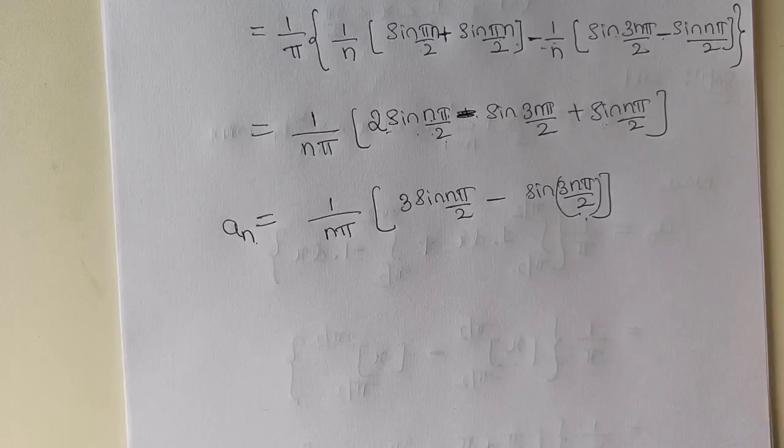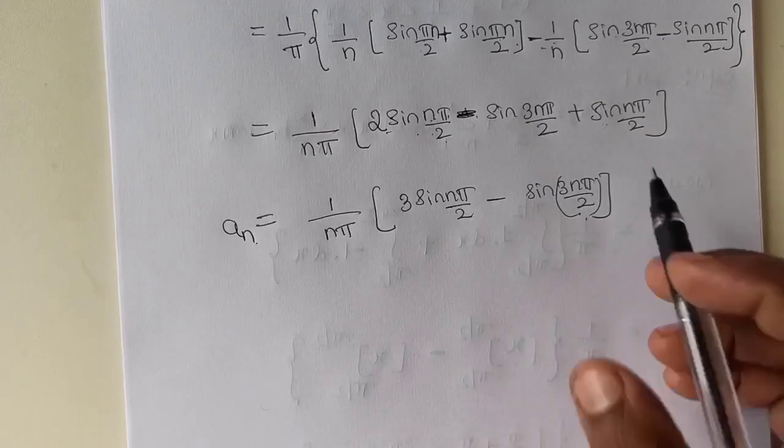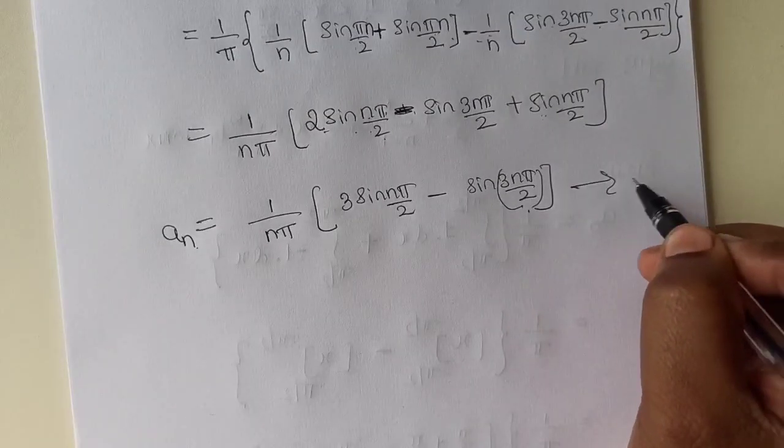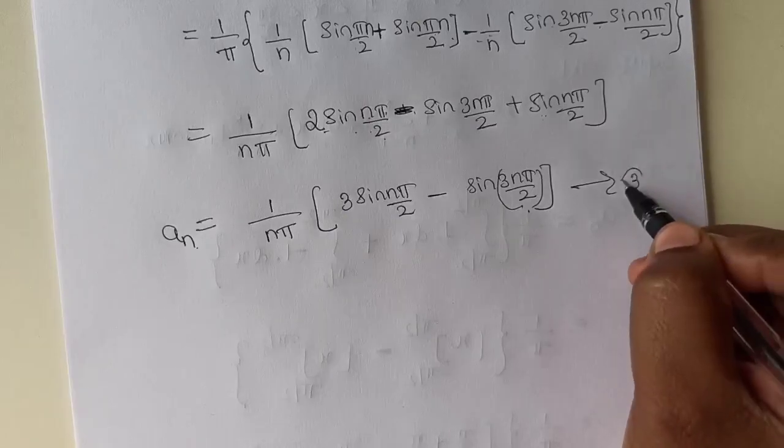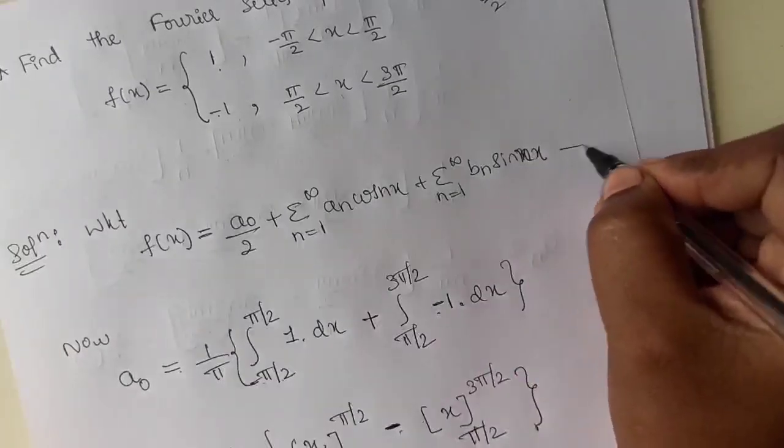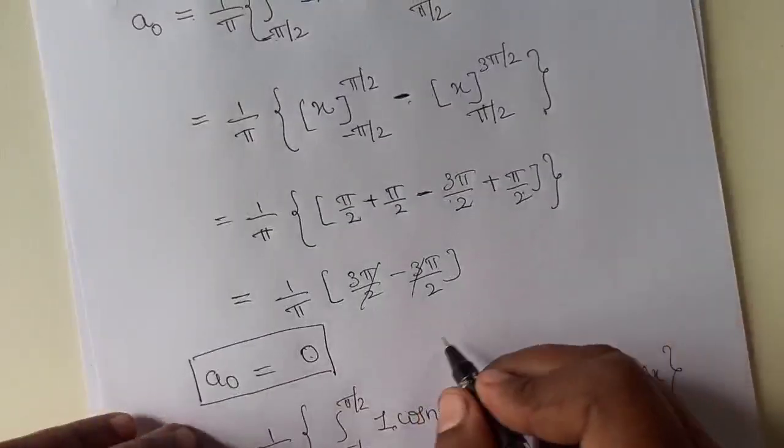Next we go for the bn value. Consider this as equation 3. The first one, that is this Fourier series, as the equation 1, and this a0 value as the equation 2.